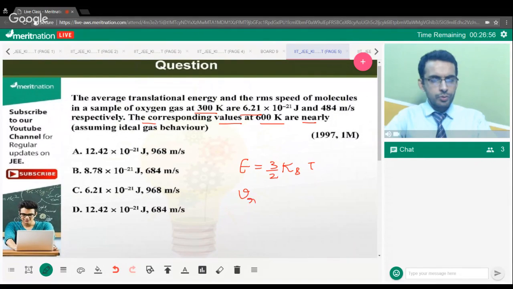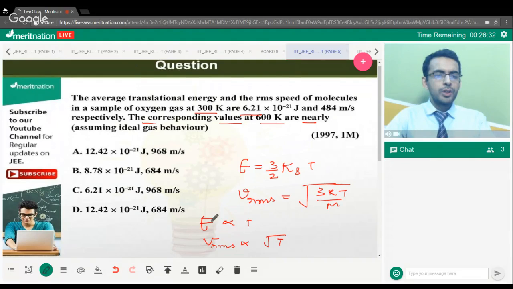VRMS is equal to under root of 3RT by M. For the same gas, we can observe E is directly proportional to temperature and VRMS is directly proportional to square root of T. So E is proportional to T and VRMS should be proportional to root T.